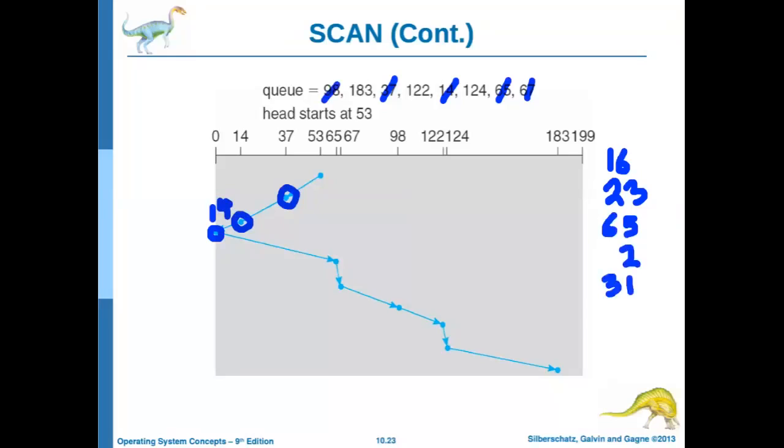So 98 is finished. Then 122. So 122 minus 98, that is 24. Then for 124, 2 more are required. And at last 183. So it is 183 minus 124, and that gives us 59.